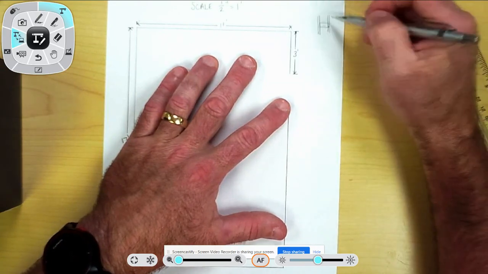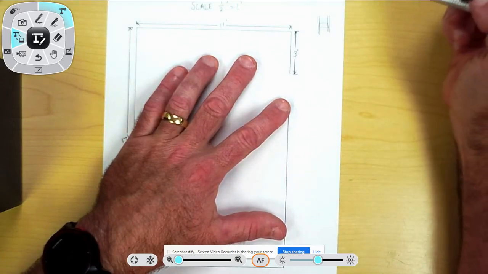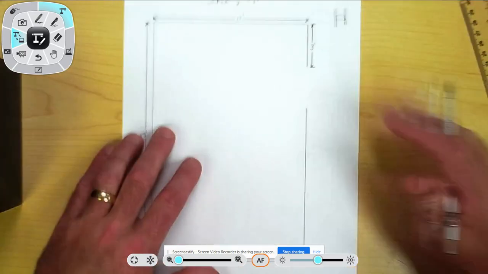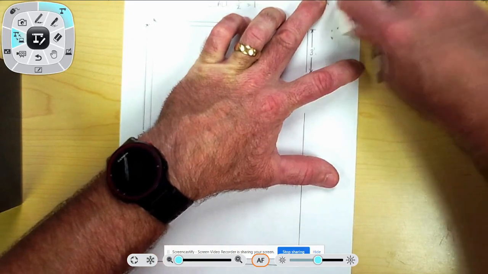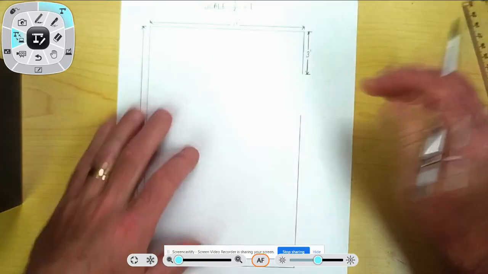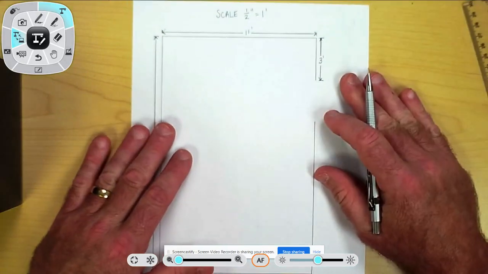And usually that ends up being about 4 inches to 4.5 inches in real life. We're going to keep things simple for this drawing, and we are going to say it's a 6-inch wall in real life. So 1/2 of a foot in real life.